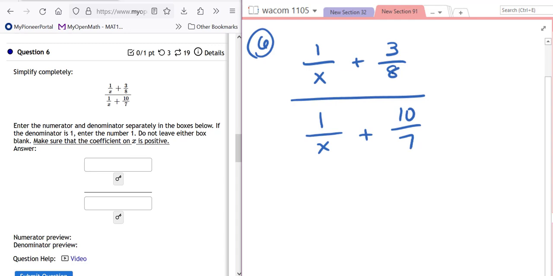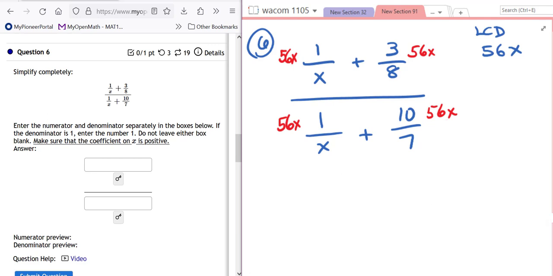Definitely we'll have an x, but these don't have anything in common, so we're going to have to use them both. So 8 times 7 is 56. So our LCD is going to be 56x. That's what we're going to use. We're distributing it. 56x up here and 56x down here. I'm going to write it beside every piece. So I'm going to go ahead and distribute it. And then I'll clean up.